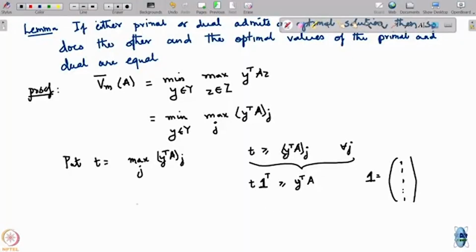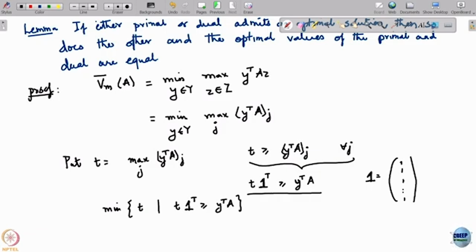Now, again for a fixed y, suppose I asked you what is the minimum T, what is the least value of T such that T times 1 transpose is greater than or equal to y transpose A. What is this value? If T was the maximum, then T satisfies this inequality that I just wrote.